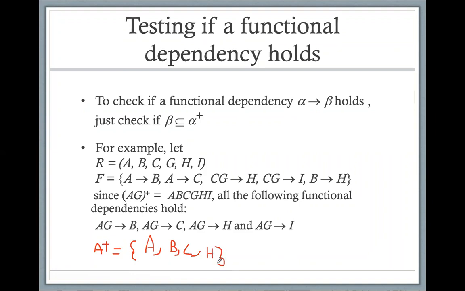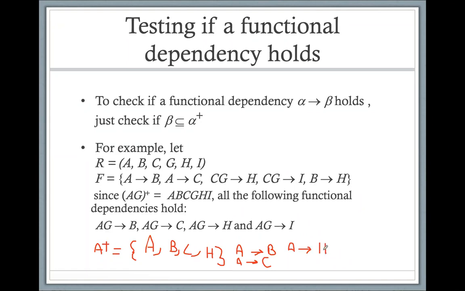From this, I can deduce all these functional dependencies. A determines B, which I already have. A determines C, which I already have. I can also say A determines H, of course, which I didn't have before.